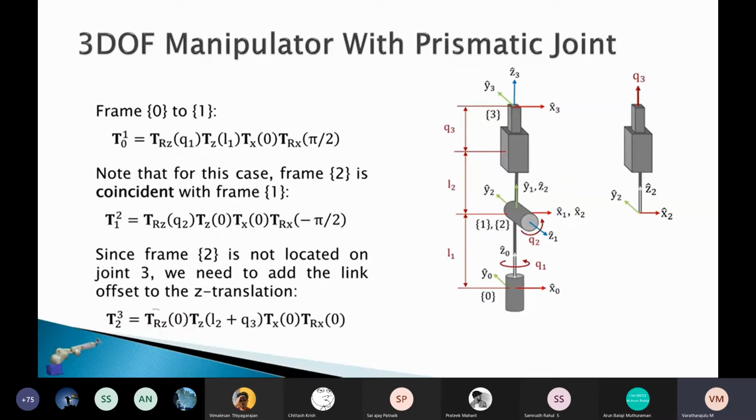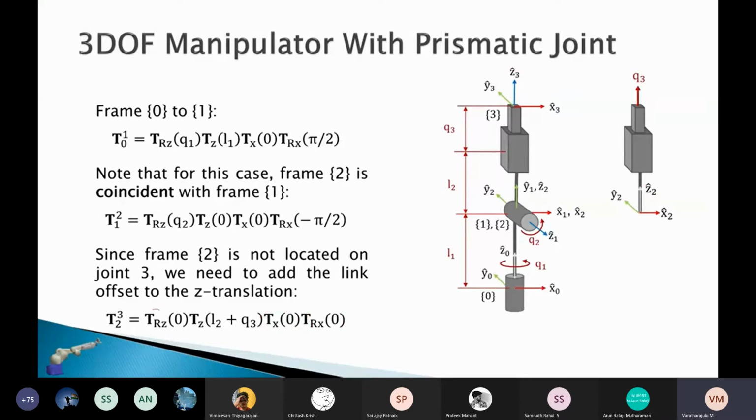And we translate across z by L2 plus q3 to get from here to here. And then we don't need to move about the x-axis because they're in alignment, so that's 0. And again, we don't need to rotate about x anymore either because these frames are now oriented in the same way. So this will be 0.